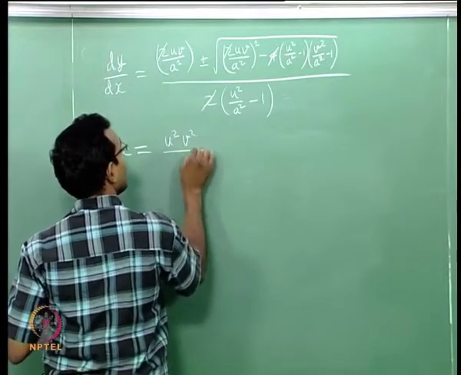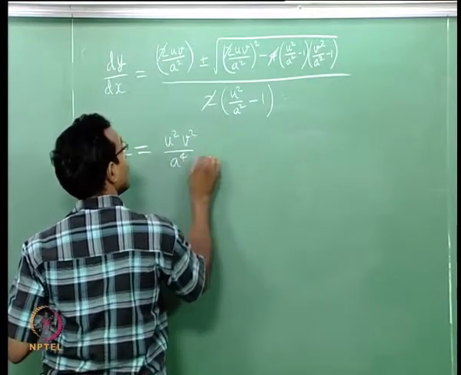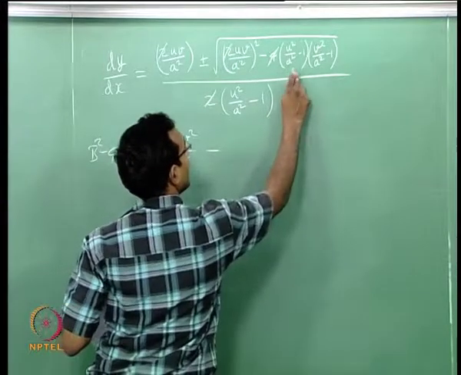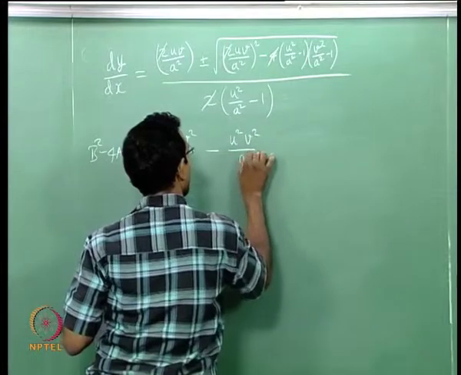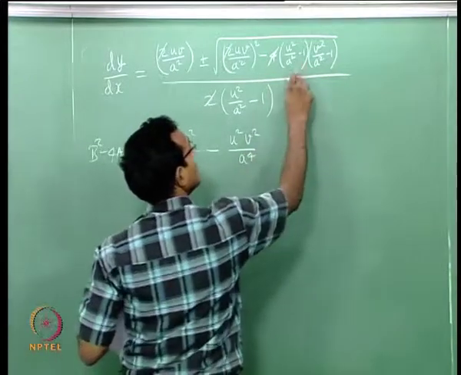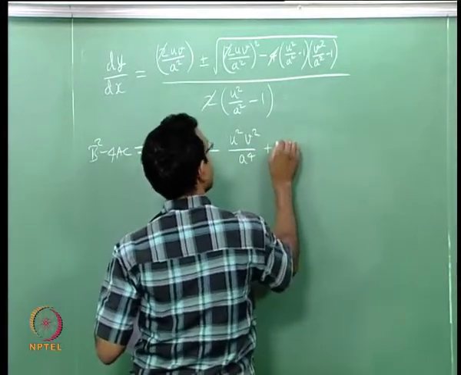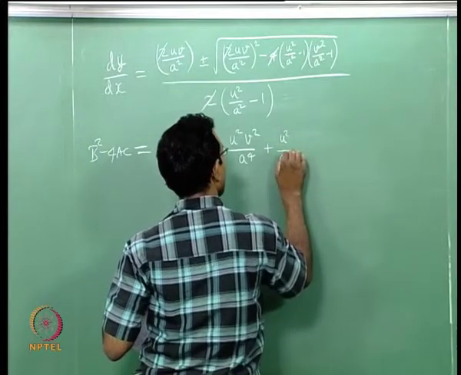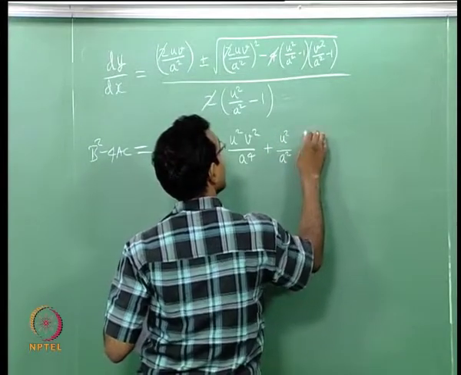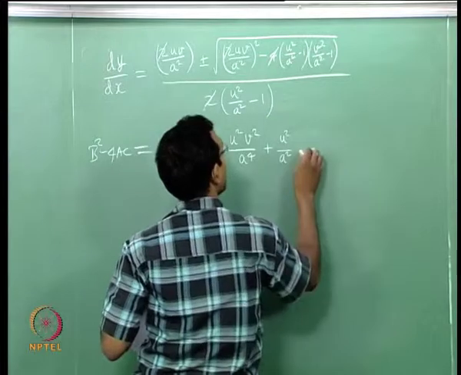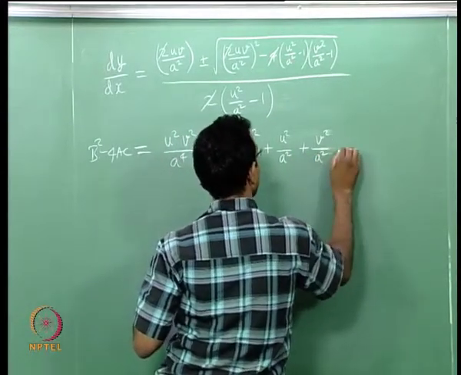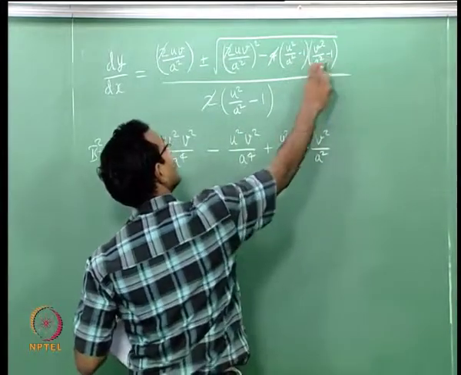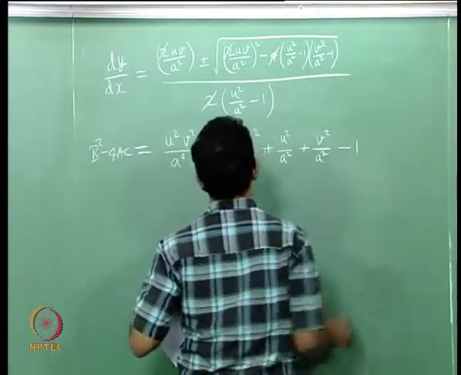u square v square by a power 4 minus, multiply these two things, which is again u square v square by a power 4, this into 1, that will be plus u square by a square, and this into 1, that is again plus v square by a square, and then this 1 into this one with the minus sign, minus 1.